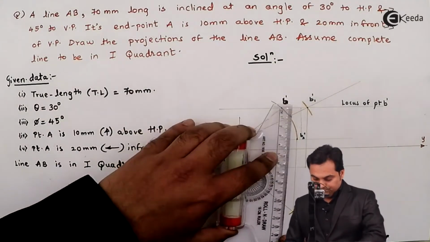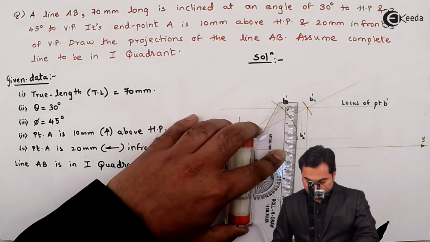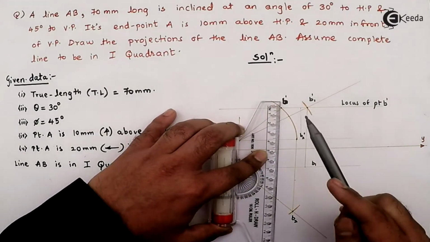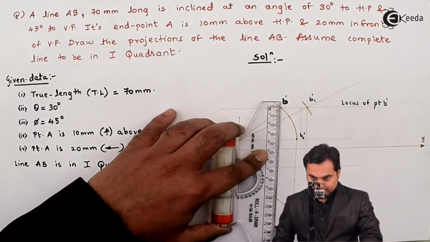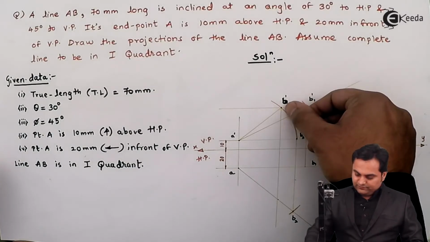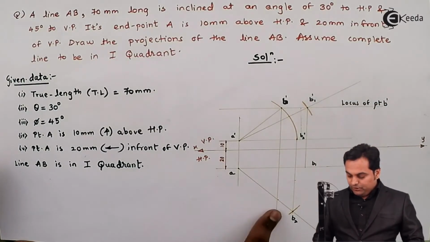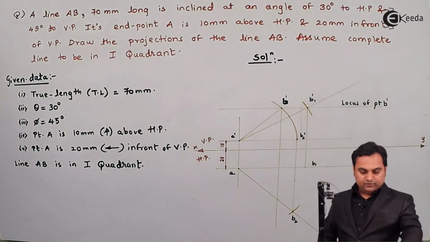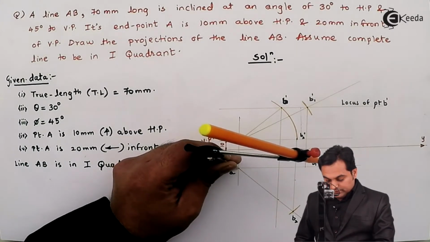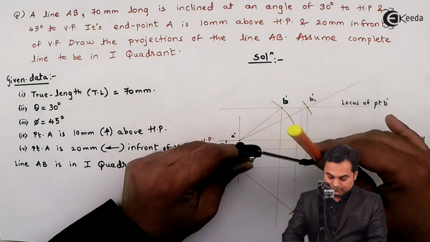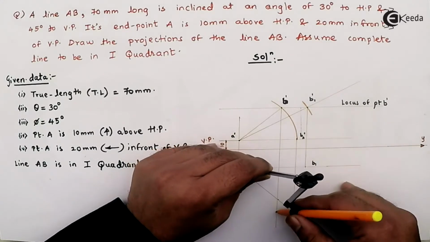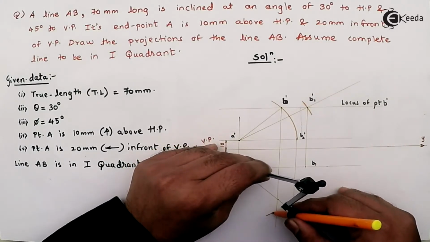Next, where I got B dash, I'll project it light. Next, here this line which I have projected from B dash, then point B should also be on this line. For that, I'll measure the distance from point A up to B1, cutting this line.